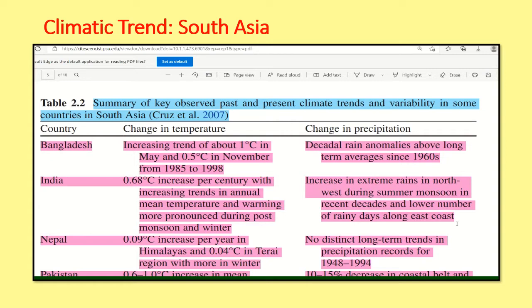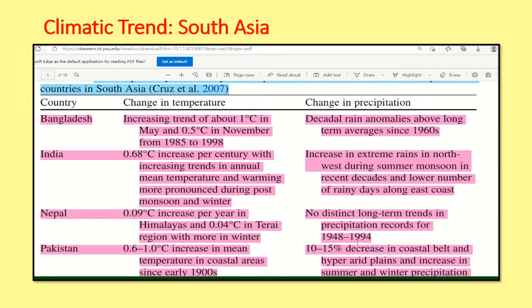In the case of Nepal, the average change in temperature is 0.09 degrees centigrade per year in the Himalayan region, and in the Tarai region it is 0.04 degrees centigrade, with more in winter. And in Nepal, there is no distinct long-term trend in precipitation records for 1948 to 1994.